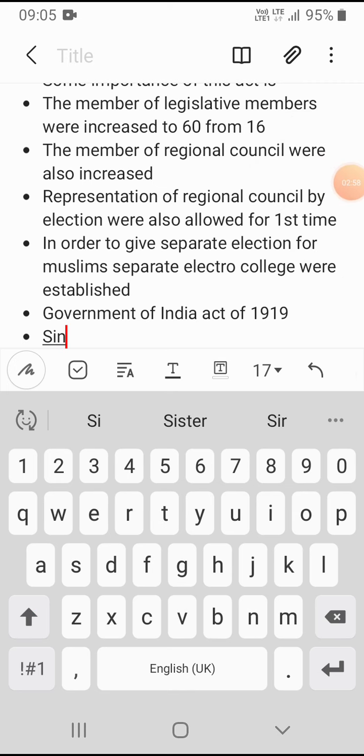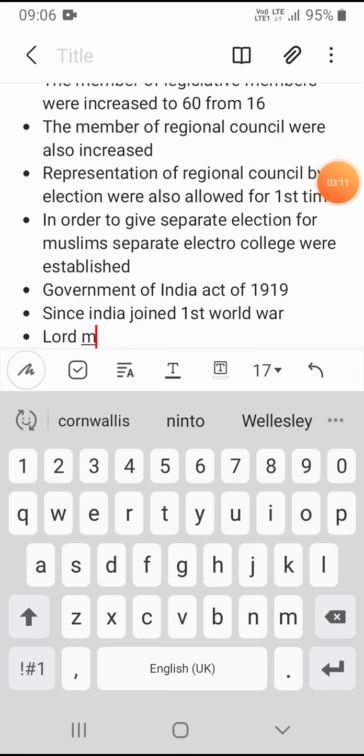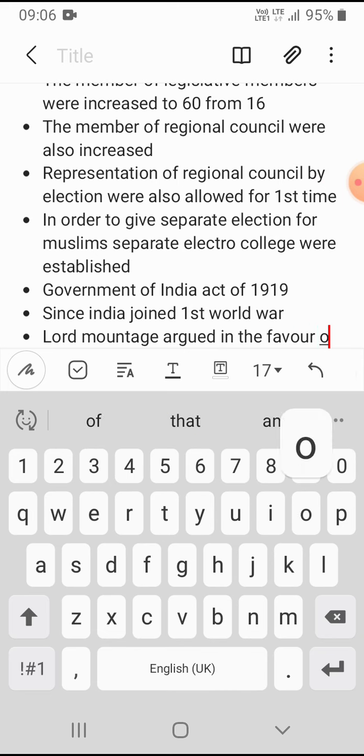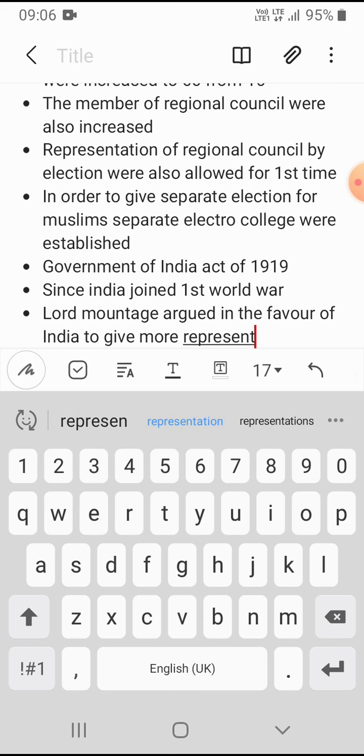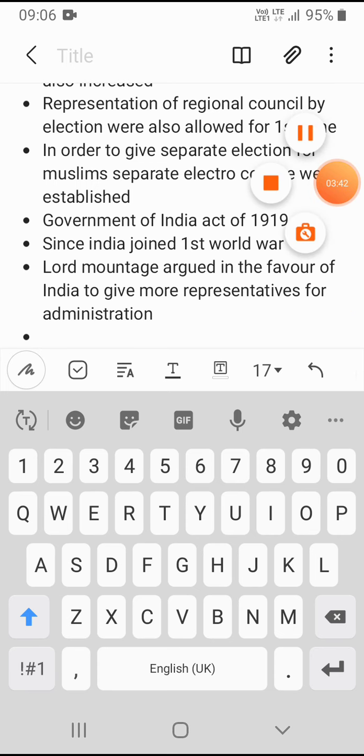Since India joined the First World War, Lord Montagu argued in favor of giving India more representatives for administration, as he was the Secretary of State.